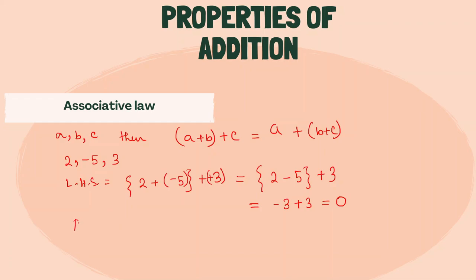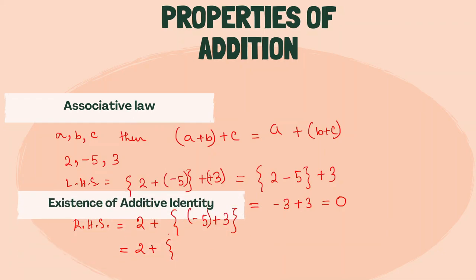Now come to the RHS, right hand side. Here we will take 2 plus, within bracket, minus 5 plus 3. We will add minus 5 and plus 3 together, then we will add it with 2.